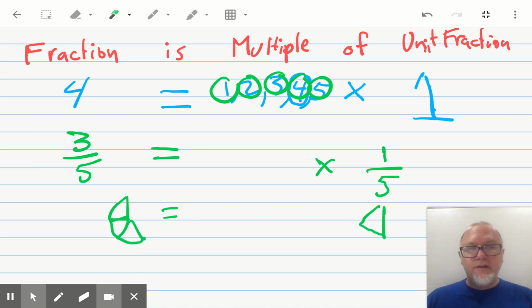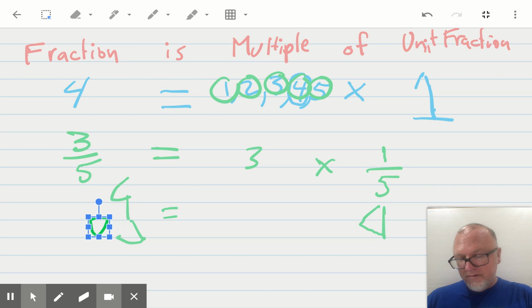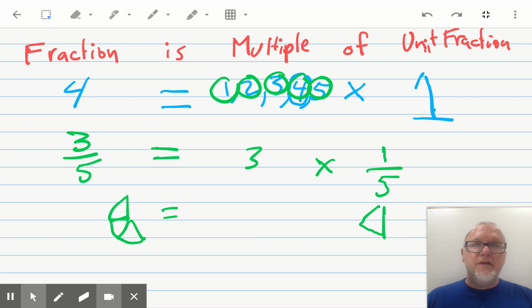How many times do I need that? Well, I need it 3 times, right? Because I would have one of them, 2 of them and 3 of them. But you could see it, right? 3 of the 1/5 is 3/5.